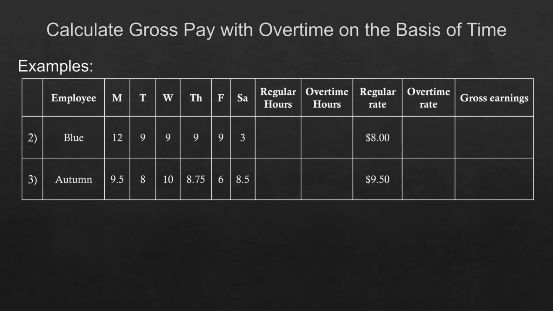So we end up with 51 hours. Total hours are 51. And then that means that they worked 40 hours of regular time and 11 overtime hours. Now, we're going to calculate the overtime rate, and that's simply taking the regular rate times 1.5.